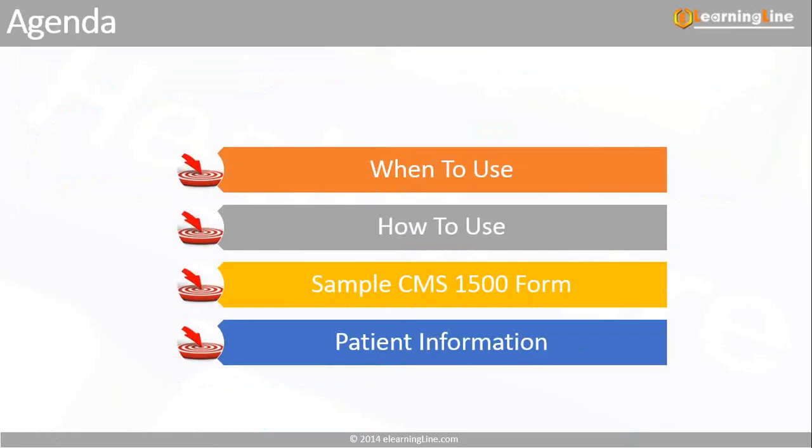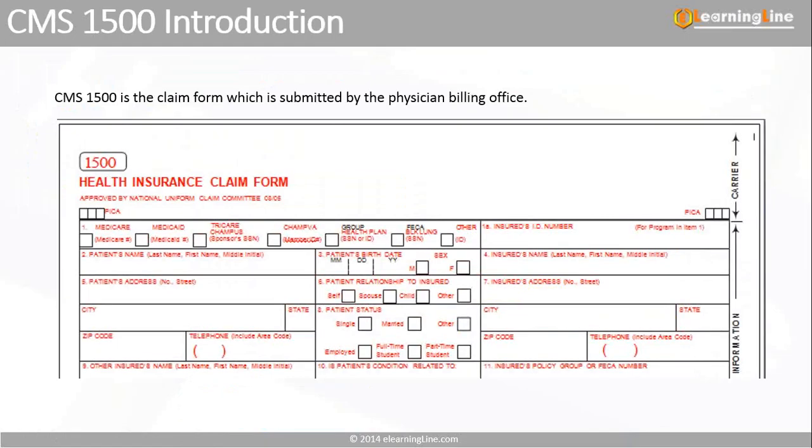This session is moreover to guide you through the entire process and give you the gist of the entire CMS form so that when you are working as a claim analyst or a business analyst or a quality assurance analyst, you understand that to test a scenario, to write a scenario, what kind of data setup is required. To analyze a claim, what kind of claim will have what kind of information, what field will be populated, what provider has to submit that. These are the different aspects considering which this session is created.